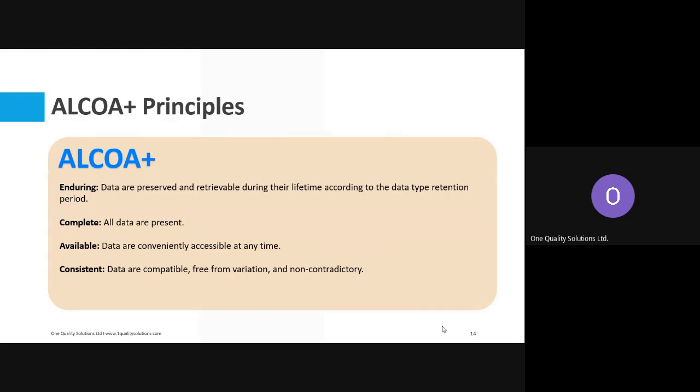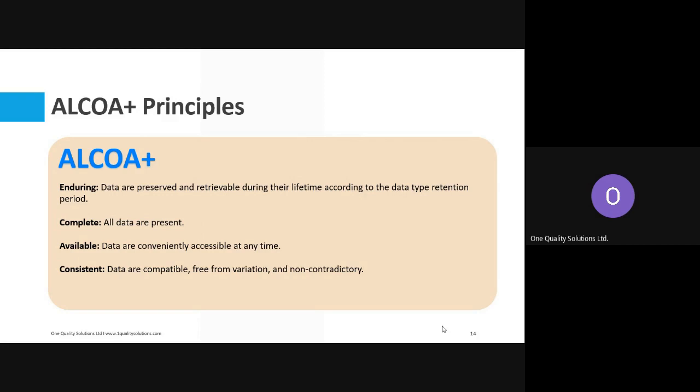This is the ALCOA Plus principles. In addition to ALCOA, there are 4 additional principles. First one is enduring, where data needs to be preserved and retrievable during its lifetime according to the data retention policy. So we need to archive the data and documents up to the retention time.